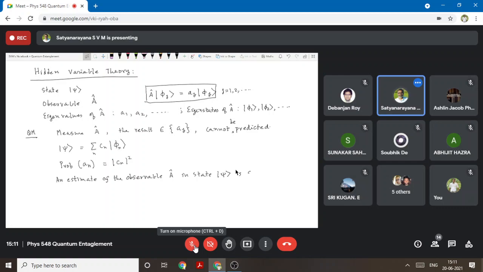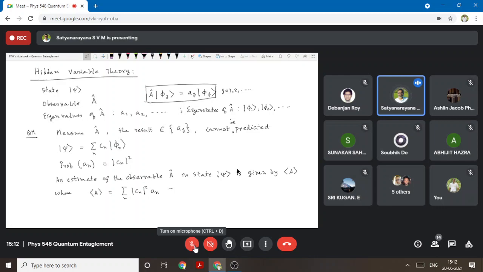It is given by the expectation value of A, where the expectation value of A is the average value of A, which is given by the sum over n of the probability of finding the value An times An.